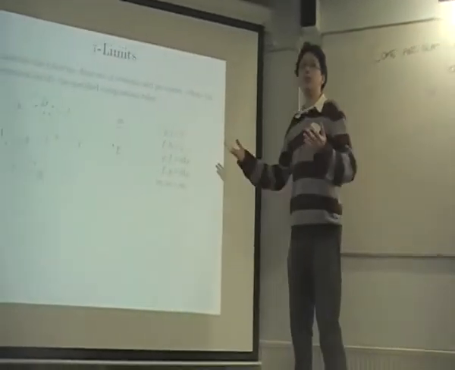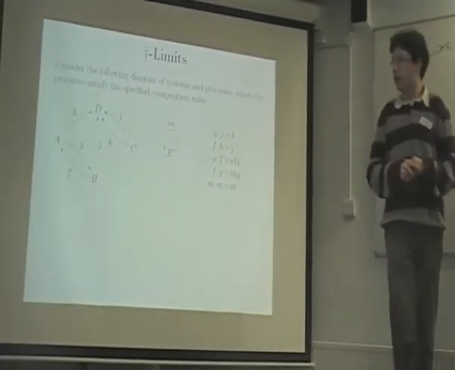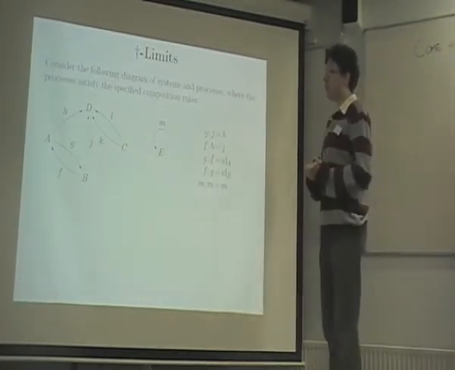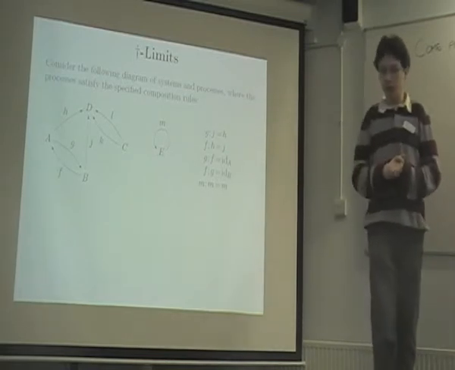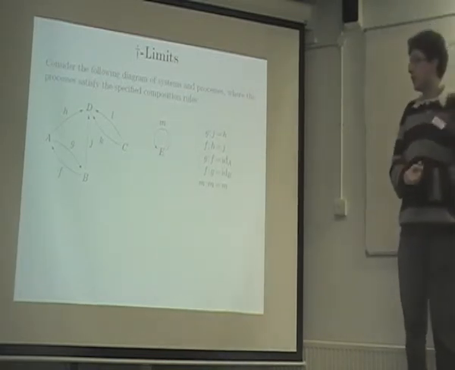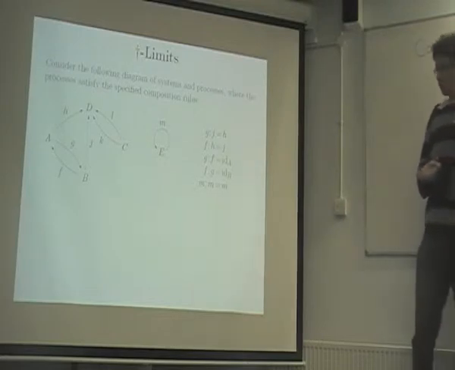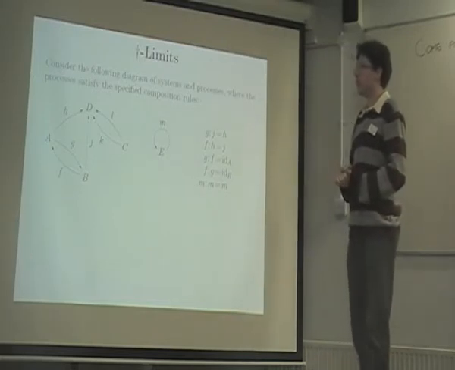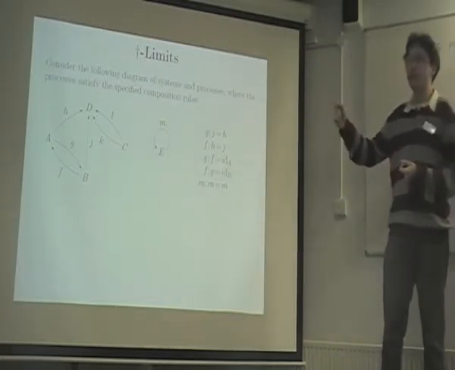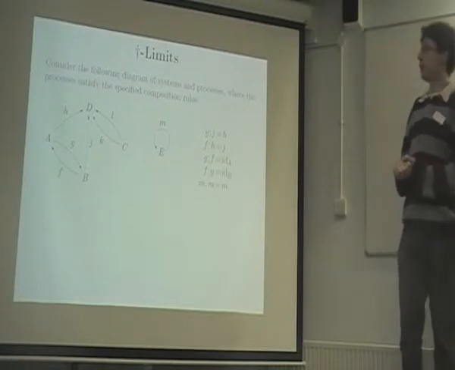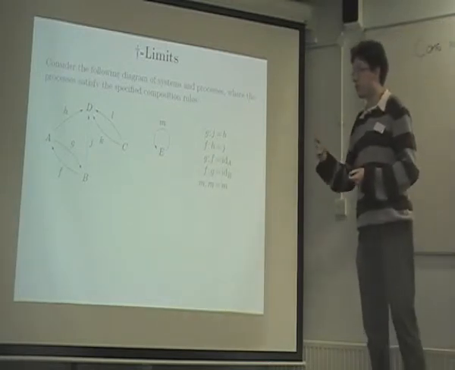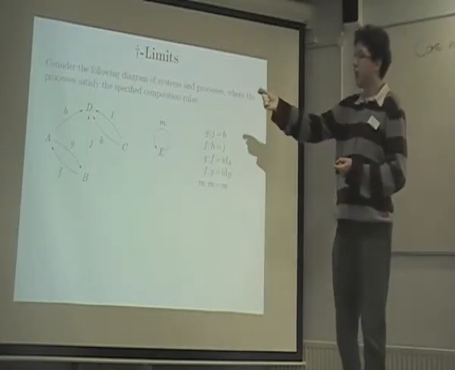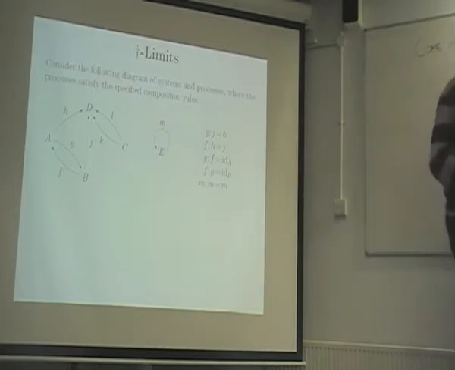So if these really were Hilbert spaces, where A, B, C, D, E were just composed of sets of vectors, then the limit is just the Cartesian product of the sets of states of A and of B and of C and of D and of E. But if any two states of any of those objects, say A and D, are related by some process, say H, then we identify those two.